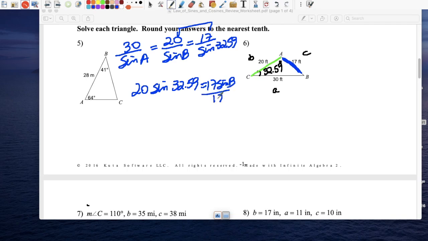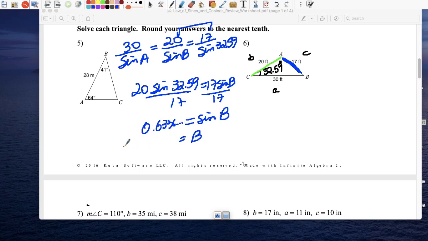Then divide both sides by 17. We're going to use the inverse eventually to find angle B. So 20 times sine of 32.59 over 17, enter. Let me show you what you have in your calculator: 0.6336 dot dot dot.